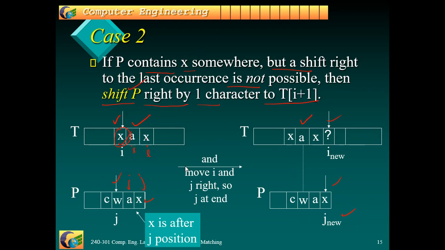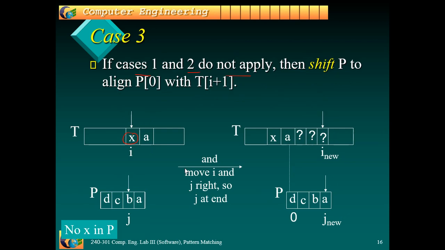But if the last occurrence of x cannot be aligned with the text by shifting the pattern right, then we just shift the pattern right by one character to align with T of I plus 1. This is case 2.